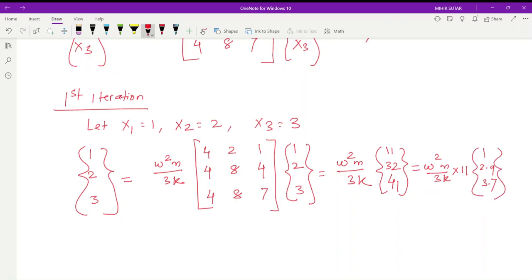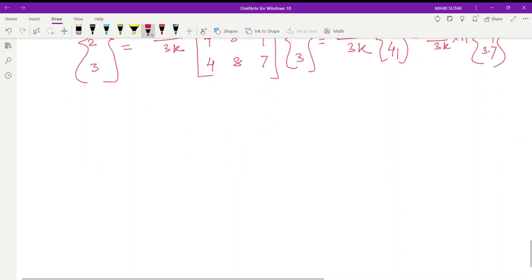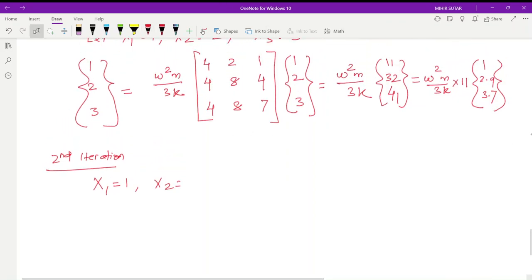Okay. Now, coming to the second iteration, we will take the values as x1 equal to 1, and x2 and x3 from the previous values, 2.9 and 3.7.